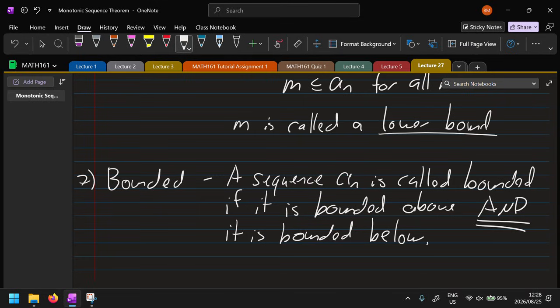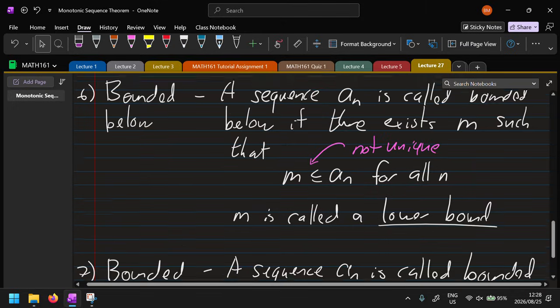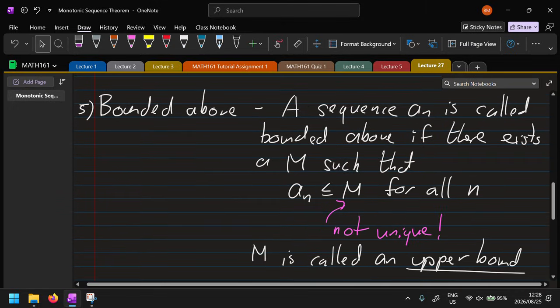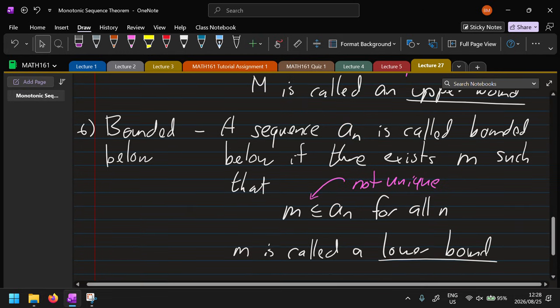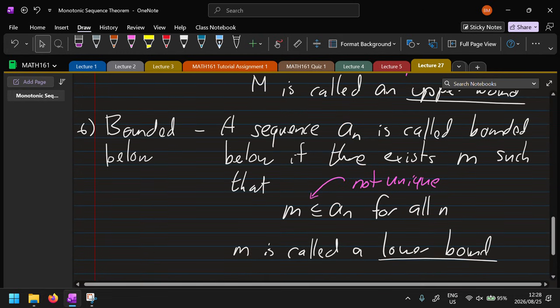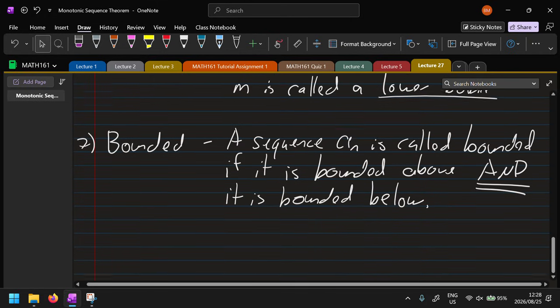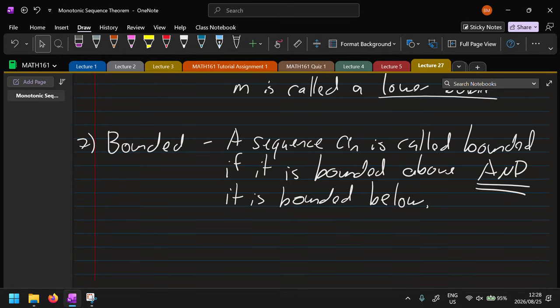It must be both. If I say a sequence is bounded above, then that is only the first condition. Bounded below is only the second. And if I say it is bounded, that means it's both. So you need to be careful about whether it's bounded above or bounded. They're two different things.